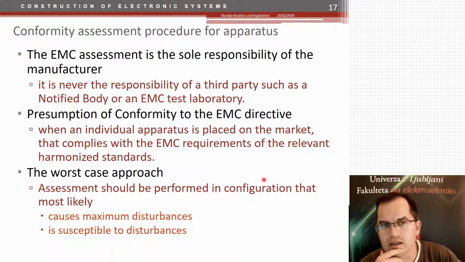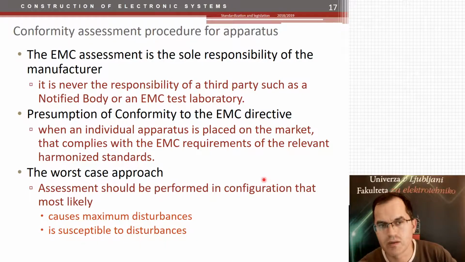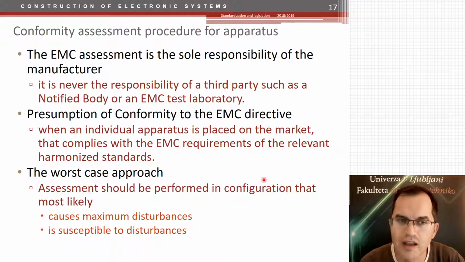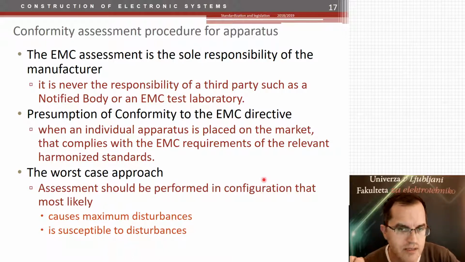When you're testing devices, you should test them in the configuration which is the most harmful, I would say, that most likely causes maximum radiation and is maximally susceptible to disturbances.